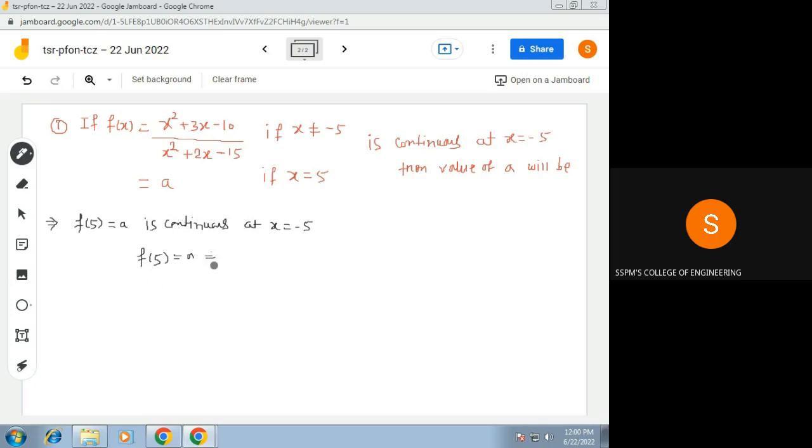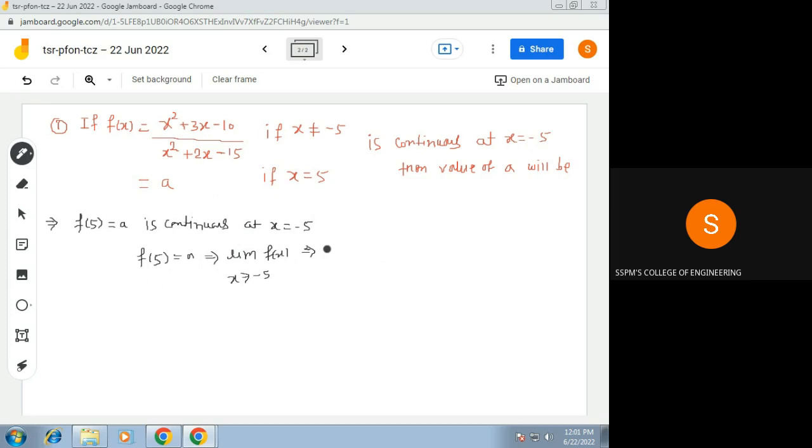This implies f of 5 is a and their function is continuous at x is minus 5, means what? Limit to function of x as x tends to minus 5 is there. So what is that function? Here in this case, you are using their whole function, x square plus 3x minus 10.